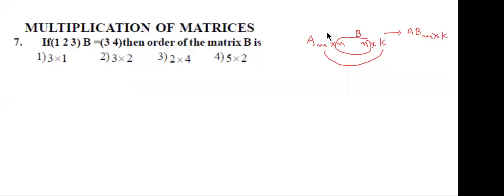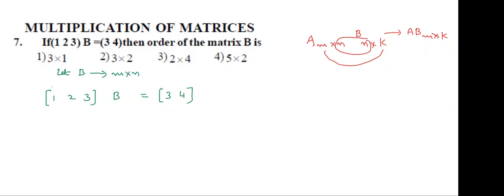Okay. Now see here, they are given matrix A = [1, 2, 3] and B = [3, 4]. What is the matrix order of B? Let B matrix order, I am taking m by n.